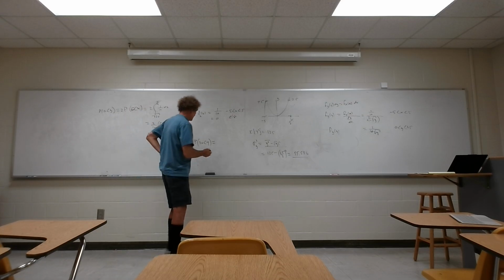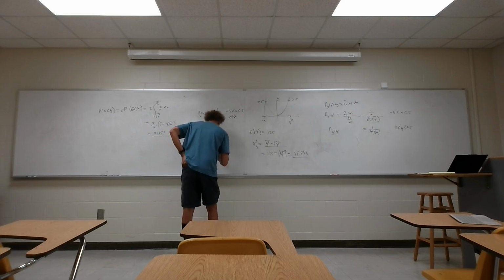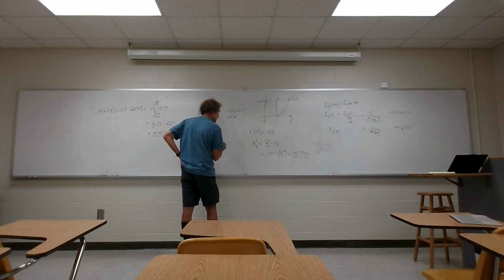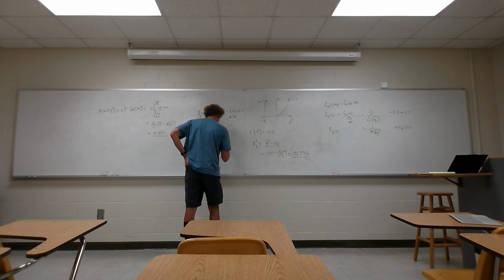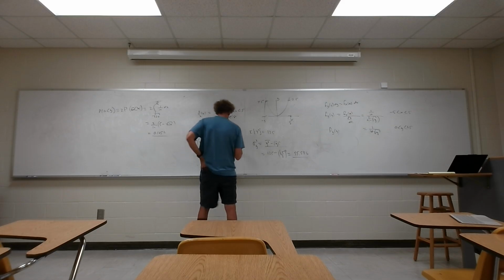All right, if you do it this way, it would be the integral from 20 to 25 of the density function of y, which is 1 over 10 square root of y dy. And it's really y to the minus 1/2, so you're going to get 2 over 10 times square root of y evaluated from 20 to 25.